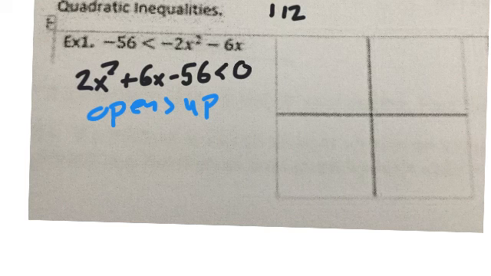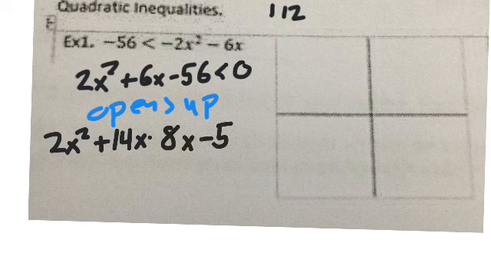13, 14. Let's see, what's 112 divided by 14? 8 and 14, that is perfect. So I'm going to rewrite this as 2x squared plus 14x minus 8x minus 56. And then again, we GCF.